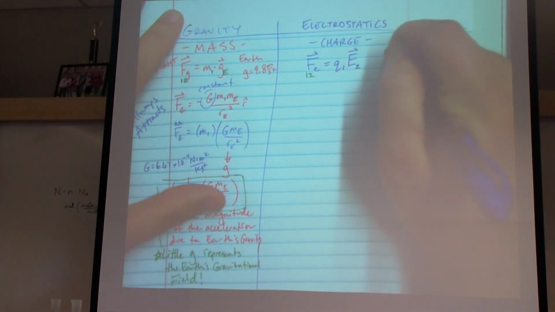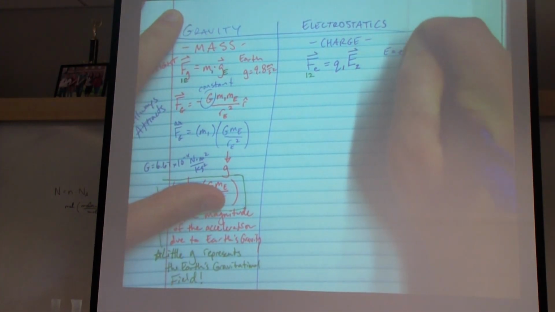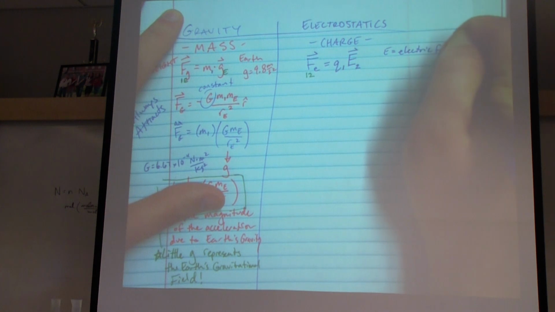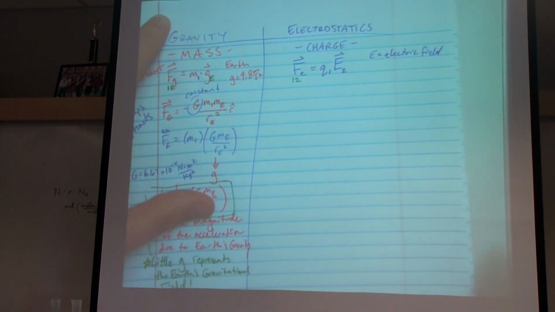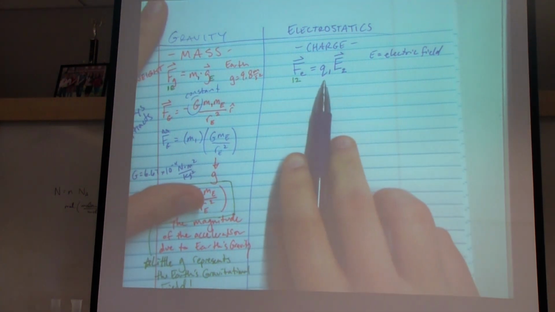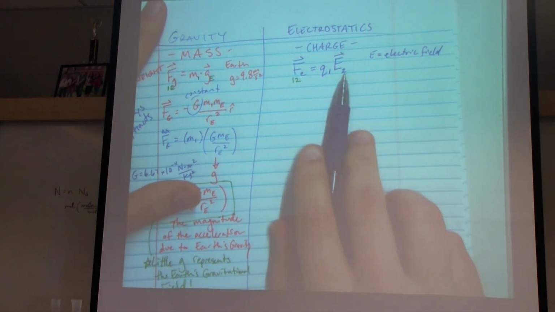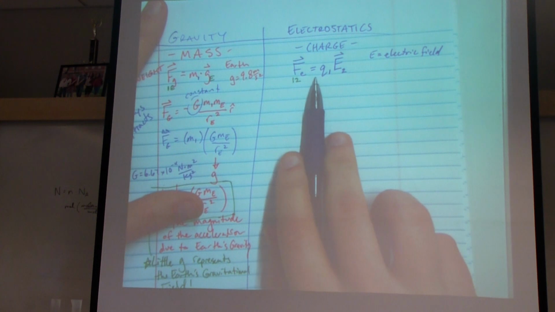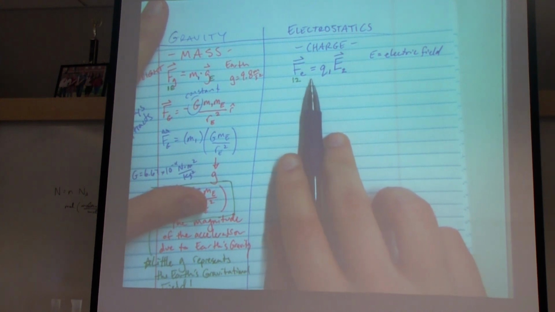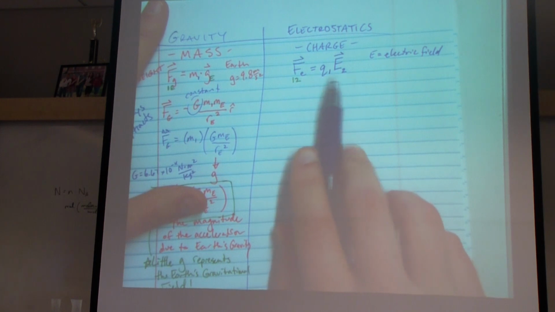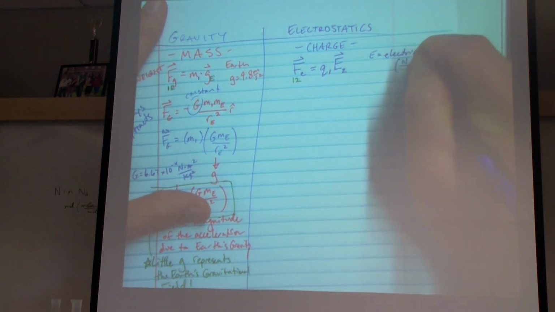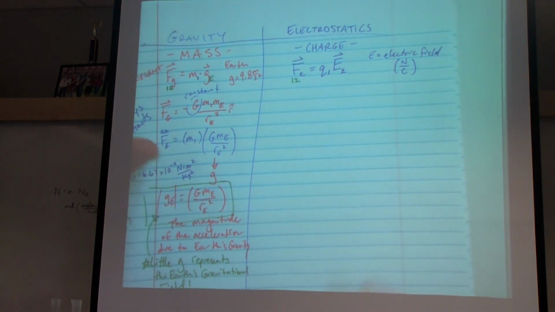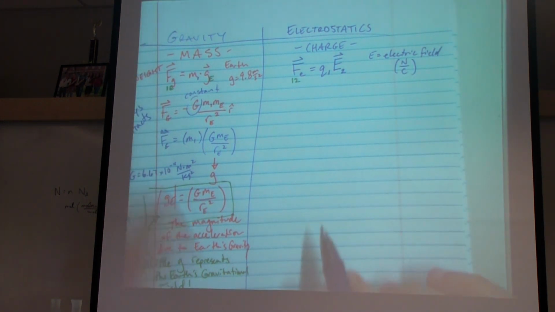So E stands for electric field. And we'll even say the units of electric field, you could figure it out by thinking about a little dimensional analysis. When we multiply electric field by charge, what's charge measured in? Coulombs. When we multiply it by coulombs, we need to get newtons. So electric field is measured in newtons per coulomb.